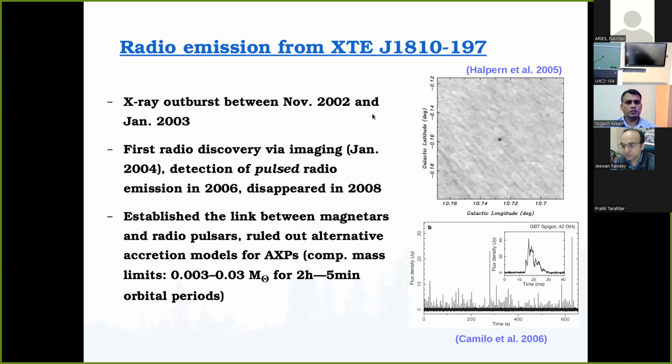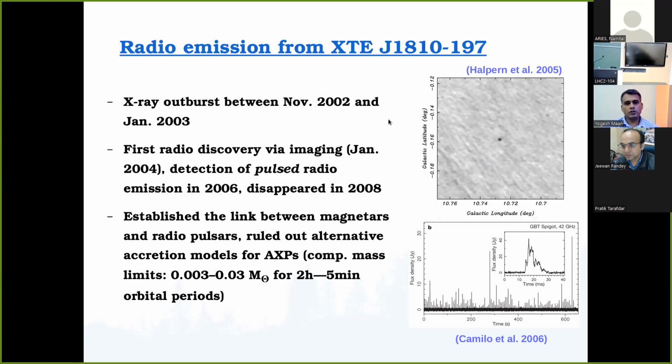But this object first showed an X-ray outburst in late 2002. After about a year, this object was observed in radio, and that was in imaging mode, and surprisingly there was a radio source at the position of this source.